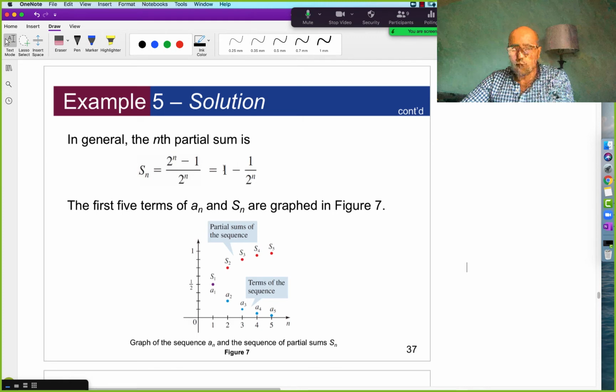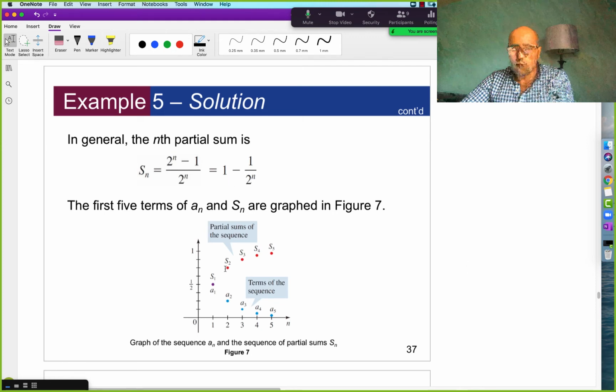And so as n gets really large, we end up with 1 minus an infinitely small number. So as n gets really large, the output of this is going to become really, really close to 1. Right? So this is going to have a horizontal asymptote at y equals 1.